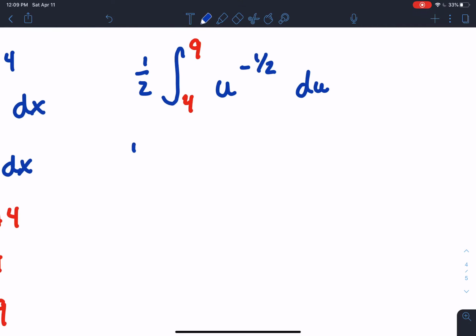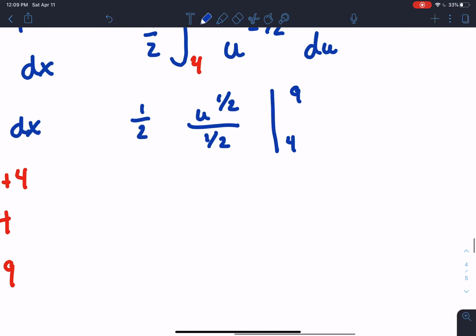Okay, so I got 1/2 u to the 1/2 over 1/2, and I'm going to go from 4 to 9. So I got 1/2 times 2 over 1, u to the 1/2, from 4 to 9.